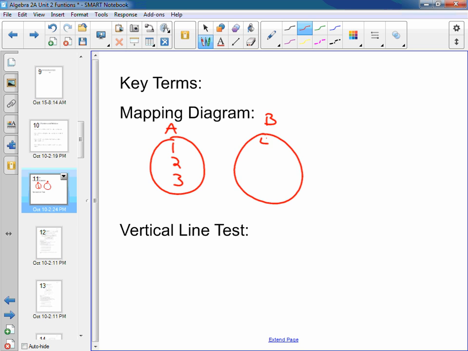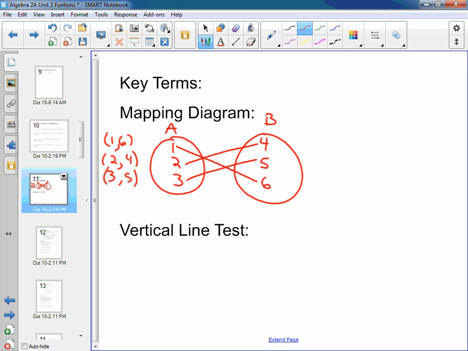So let's just say I did 1, 2, 3, and 4, 5, and 6, and I said 1 goes to 6, 2 goes to 4, 3 goes to 5. That'd be the same as saying 1 goes to 6, 2 goes to 4, and 3 goes to 5. So the diagram shows how the function's assigning, or the relation is assigning, one input value to its output value.